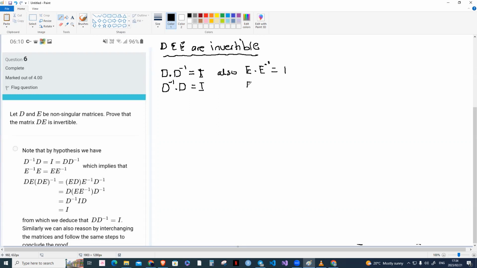E times its inverse should get an I, the identity matrix. So this is information you need to know. When they say something is invertible, you should know this. And now if you know this, then this question becomes easier.